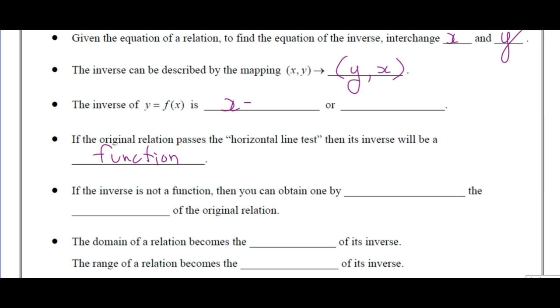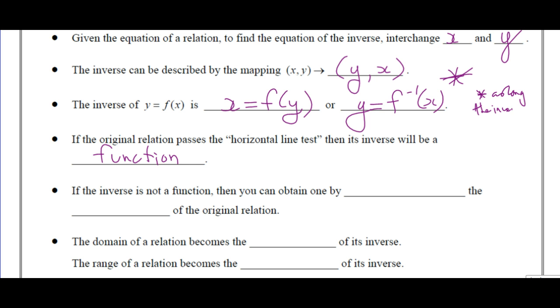The inverse of y equals f of x is x equals f of y, or y equals f inverse of x, with an asterisk next to it. It's not a function, so as long as the inverse is a function, we can use that function notation.